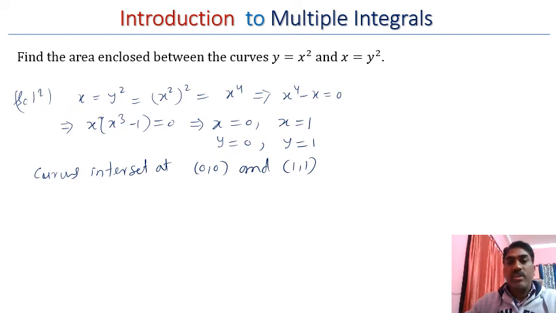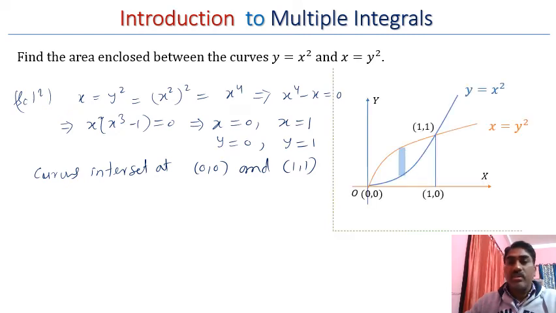Now we will draw the curves. Here you can see y is equal to x square, this is a parabola, and x is equal to y square, this is also a parabola, and I have shown clearly that the area bounded by these two curves lies between (0,0) and (1,1). So now we should find the area by the method we have discussed.